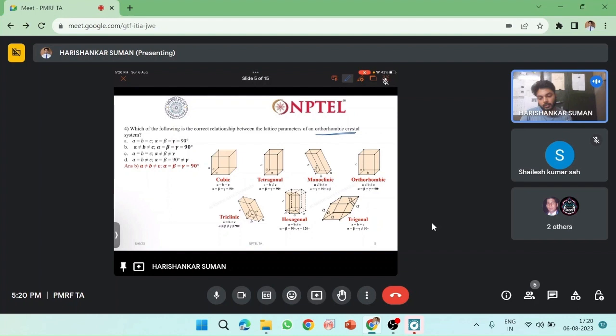So when we calculate d, do you know the formula? The spacing between the planes. The angles also play a role. If angles are 90, then we will simply calculate d. But if alpha, beta, gamma are not 90, then the formula is different. And what is the formula of d, the interplanar distance for alpha, beta, gamma equal to 90? Anyone has an idea about this?